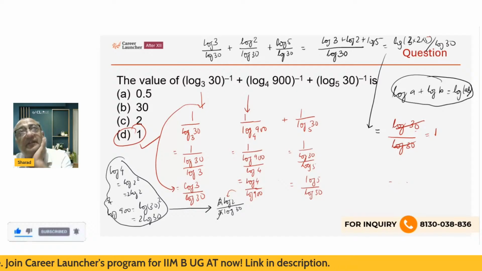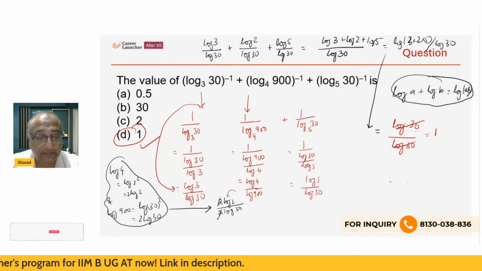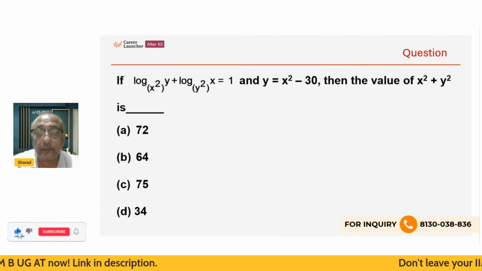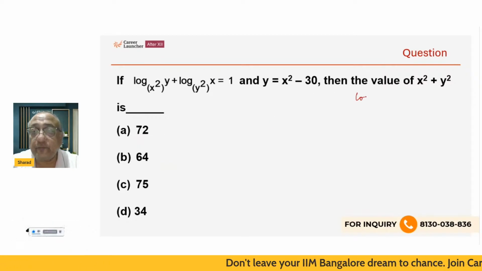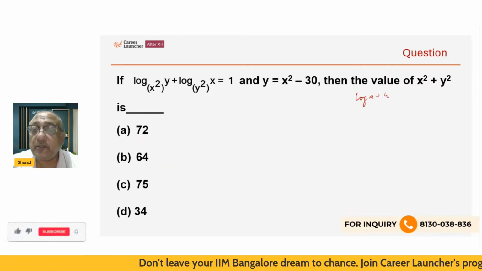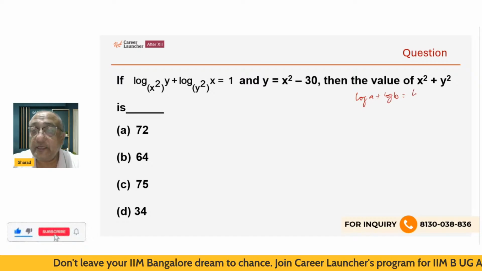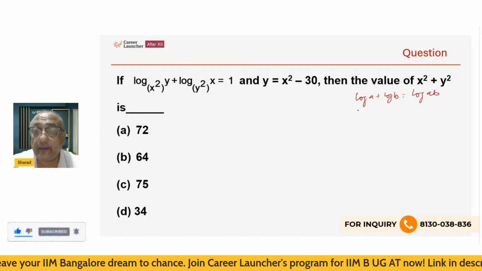So till now I have told you three or four concepts which were useful. Let me recite them again. Log A plus log B is equal to log of AB.